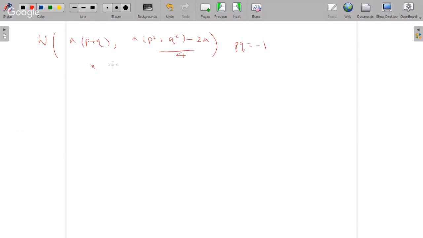All right, so firstly, that's your x and that's your y. So x is equal to a(p+q). Oops, not square, no square. I'm about to square it. Okay, and we'll look at the y component very soon. So the first step is to square this, so we can create some p squares and q squares.